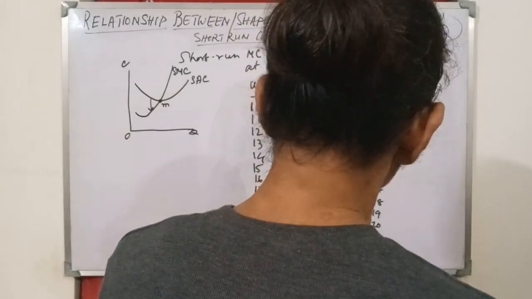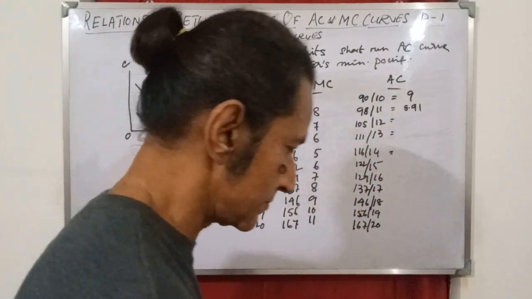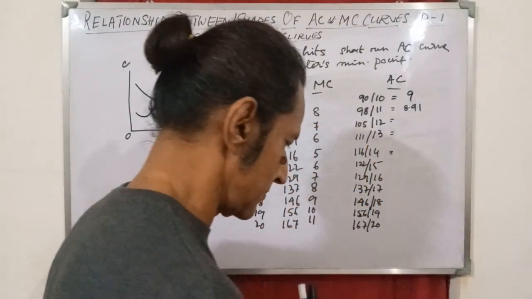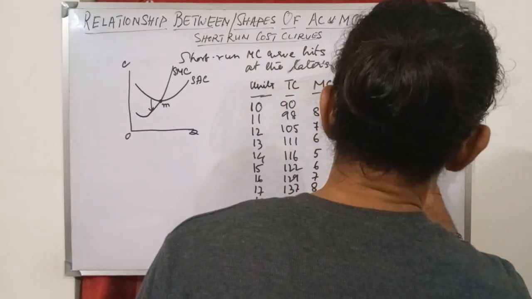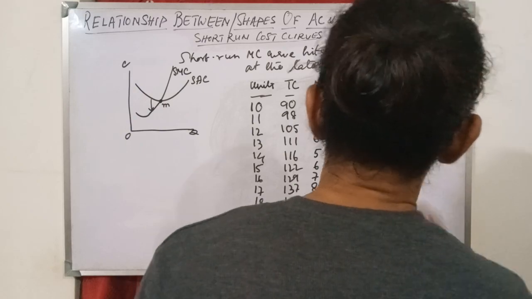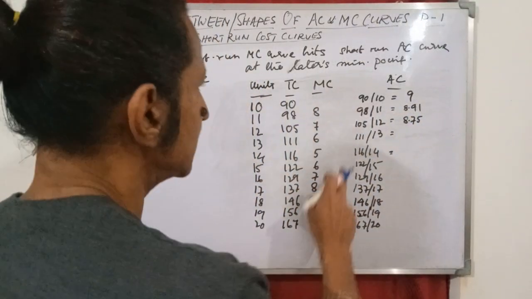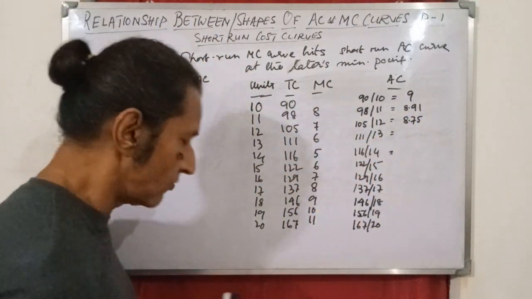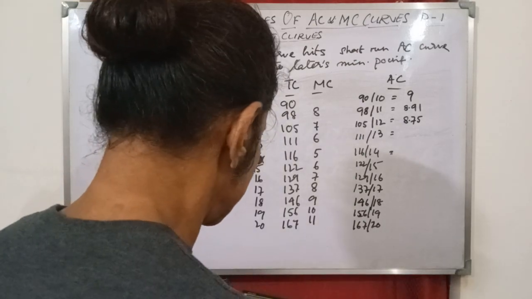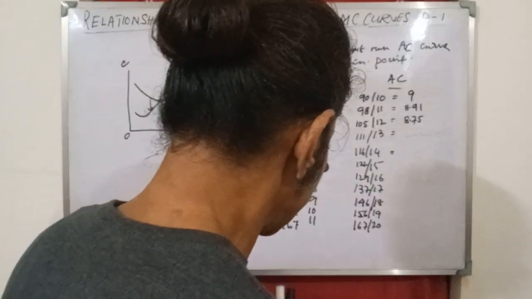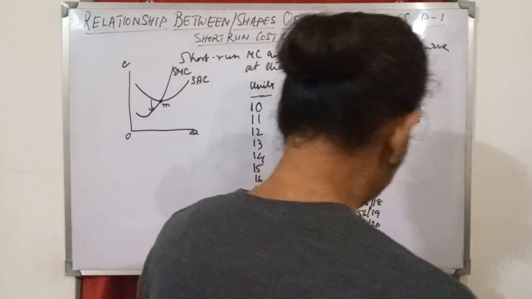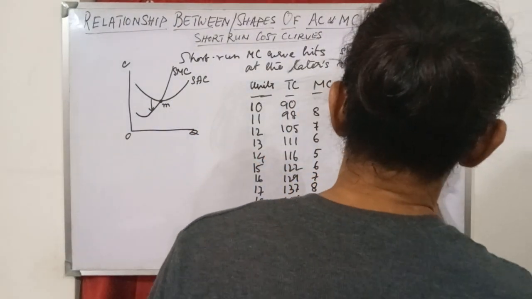Then 105 divided by 12, and we get 8.75. Then 111 over 13. So we get 8.538, let us take 8.54.